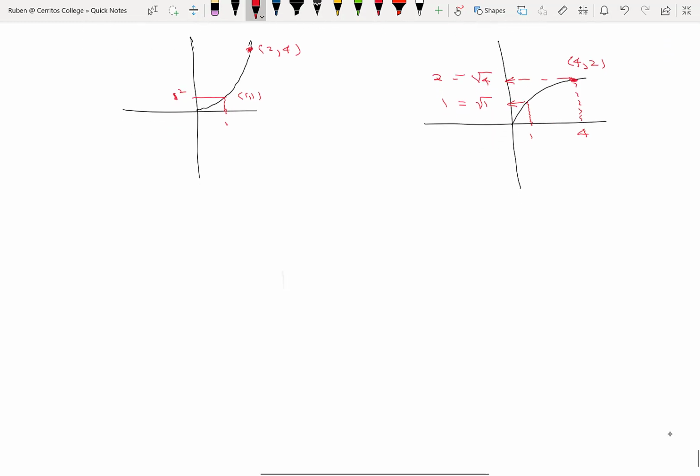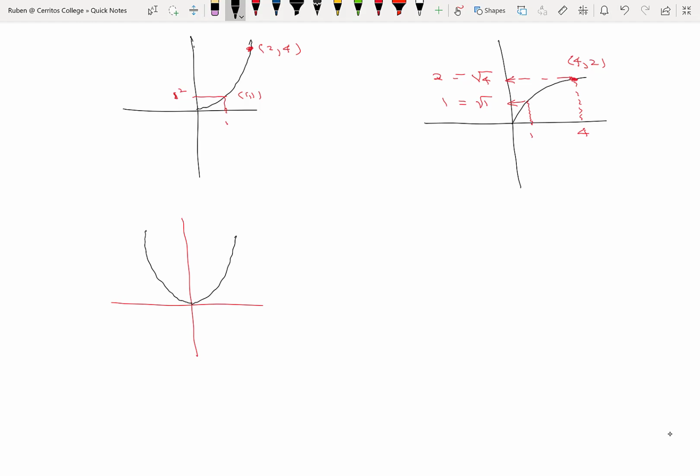Let's back up a little bit. I don't think that was very clear. The original function f of x equals x squared did not have an inverse. And the reasoning was that if it did have an inverse, its inverse wouldn't be a function.